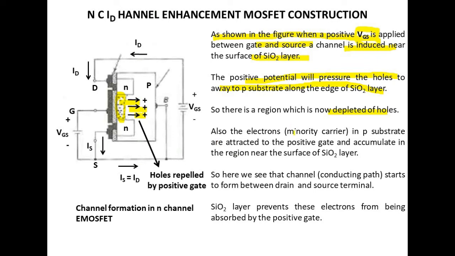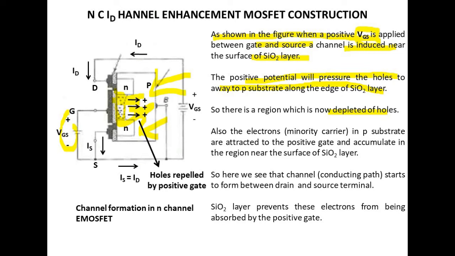Also the electrons, those will be the minority carriers in P substrate, are attracted to the positive gate. In P type, some electrons will be there, but because this is the plus voltage, these electrons are now moving in this direction.